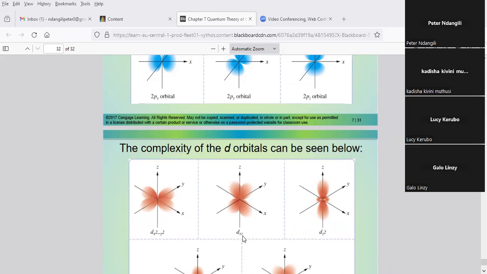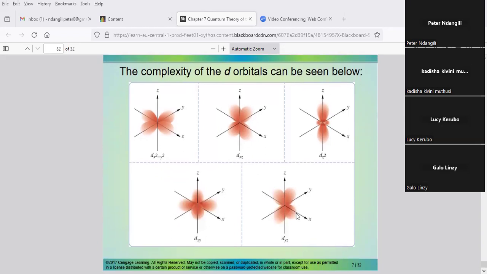Then we have dxz. These ones actually lie in the space. Then we have dz squared. We say that this is a little bit more complicated. Then we have dxy and dyz. This is just to show the 5 d orbitals that we have in space. Any question about them?